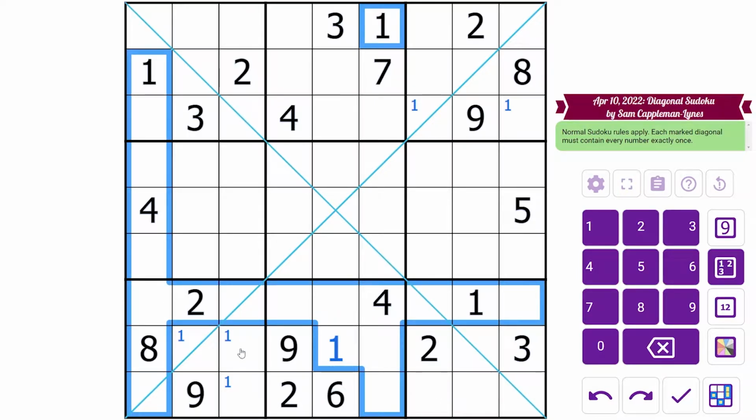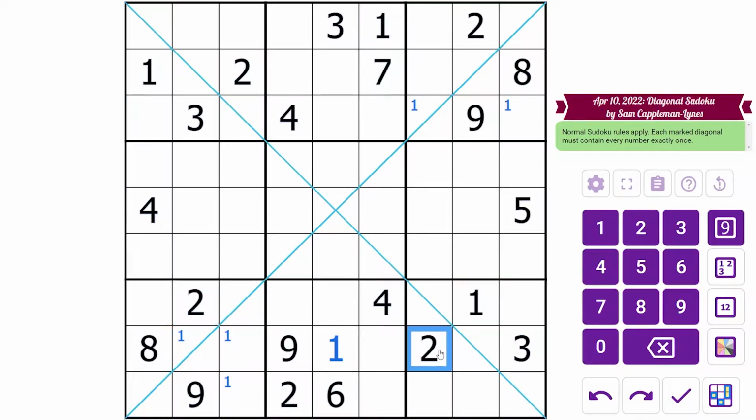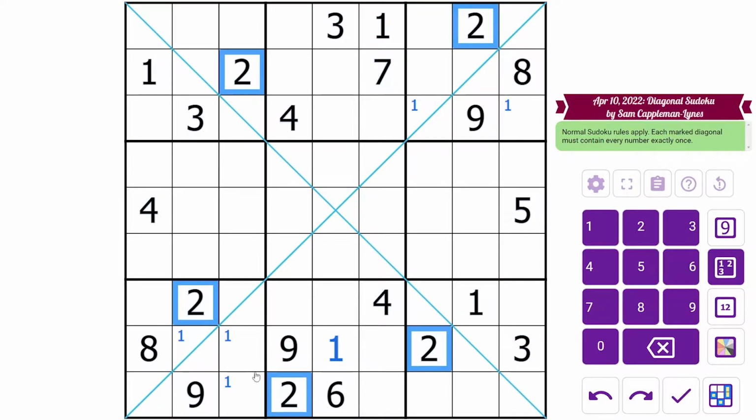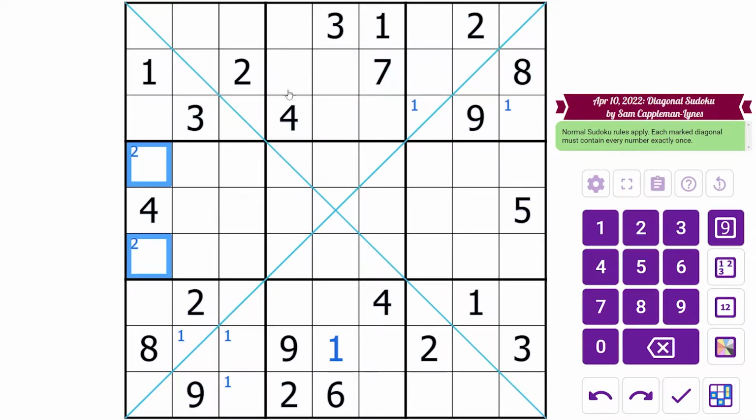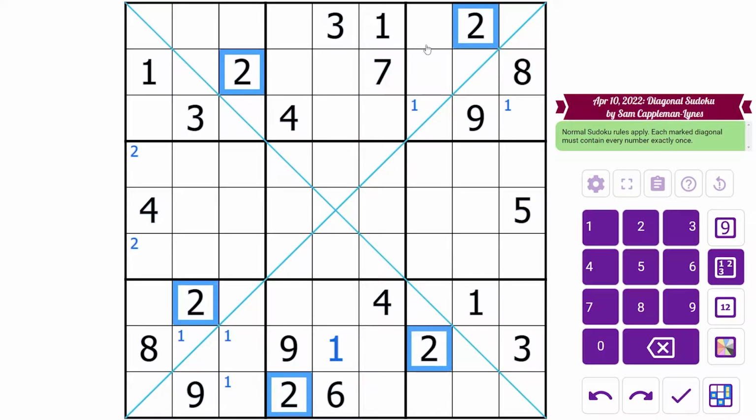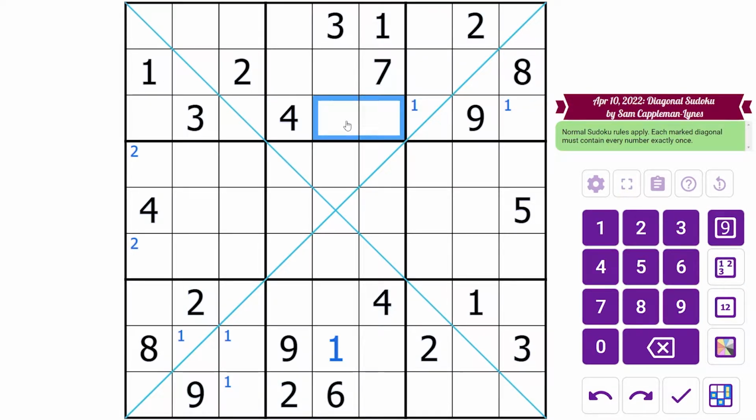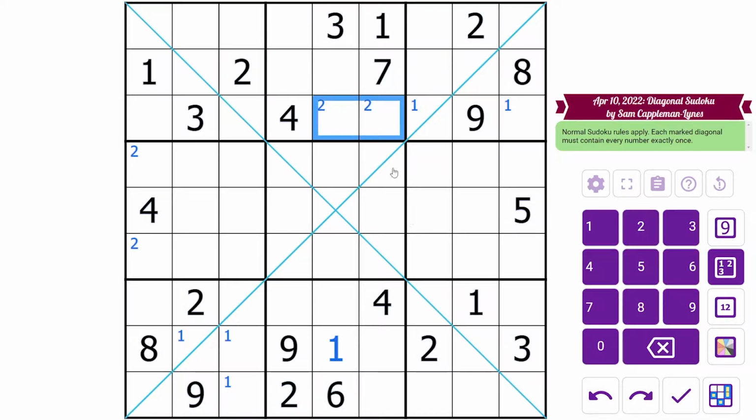Great. So let's move on to 2. 2 is finished in the bottom. 2 on the left is relegated to one of 2 spots. 2 in the top is relegated to one of 2 spots. 2 here.